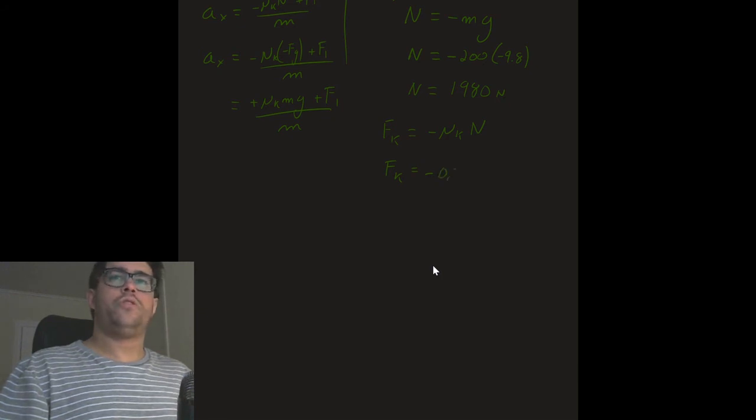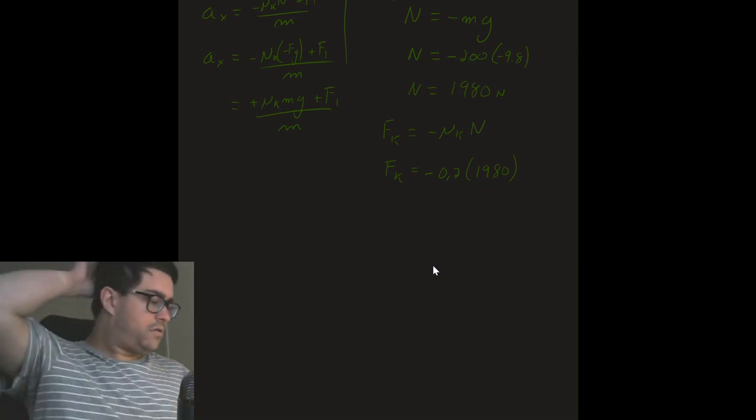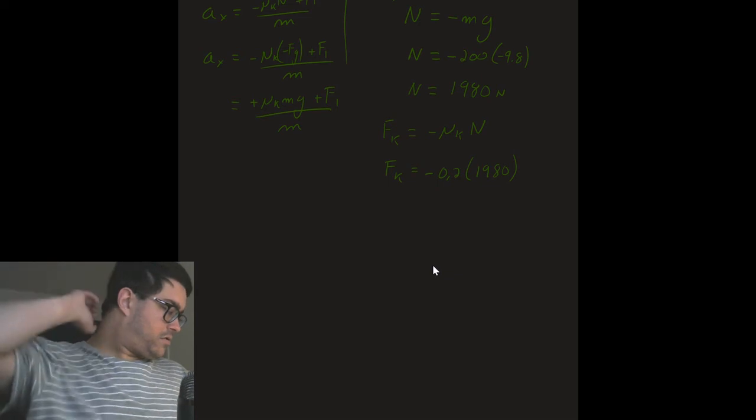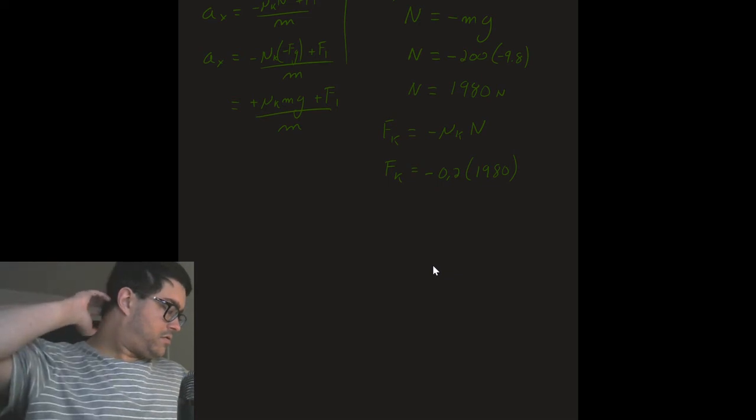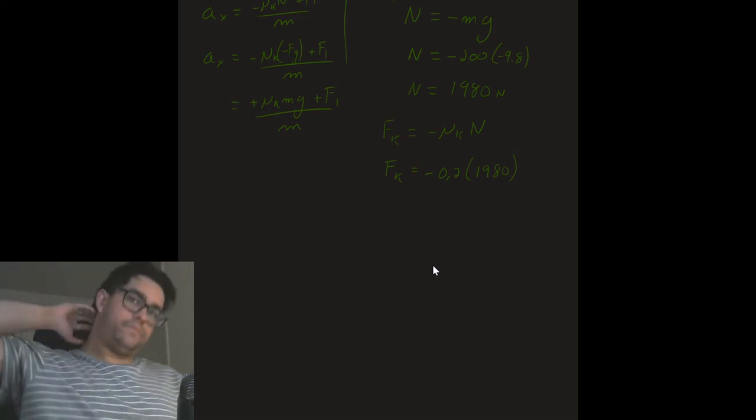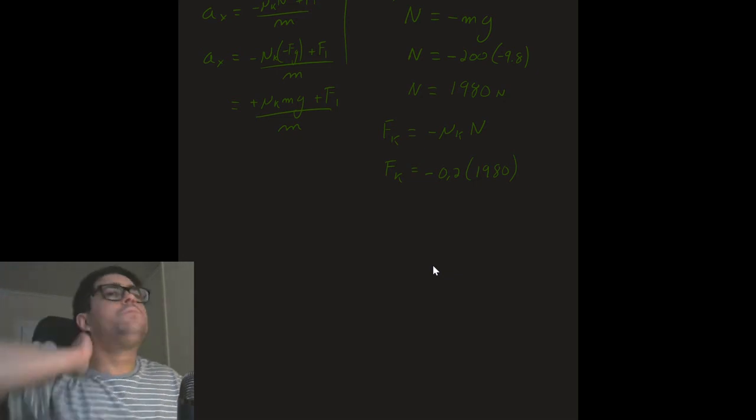What's mu k again? 0.2 times 1960. So divide that by 5. Calculator, please.